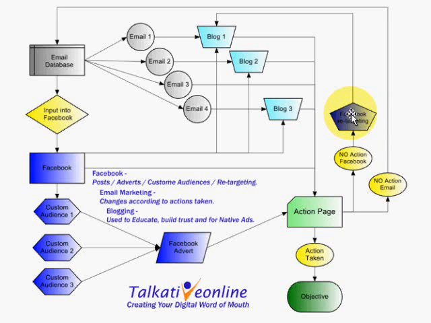Retargeting just means that you put another advert in front of them an allotted number of times to see if you can get them to come back a second time. There's no point sending them straight back to the action page with the same advert, because they'll see that and think, I've already been there, I don't want to do that again. So ideally, you need a different advert or a variation of it.